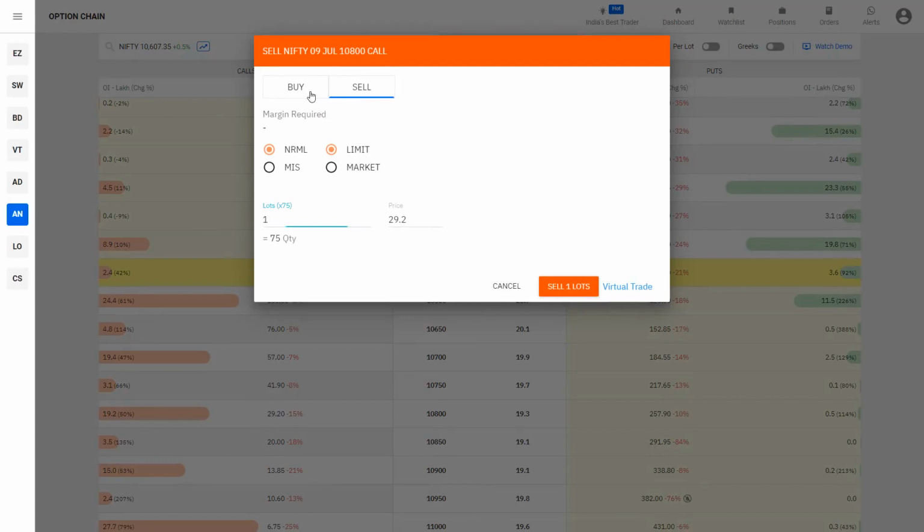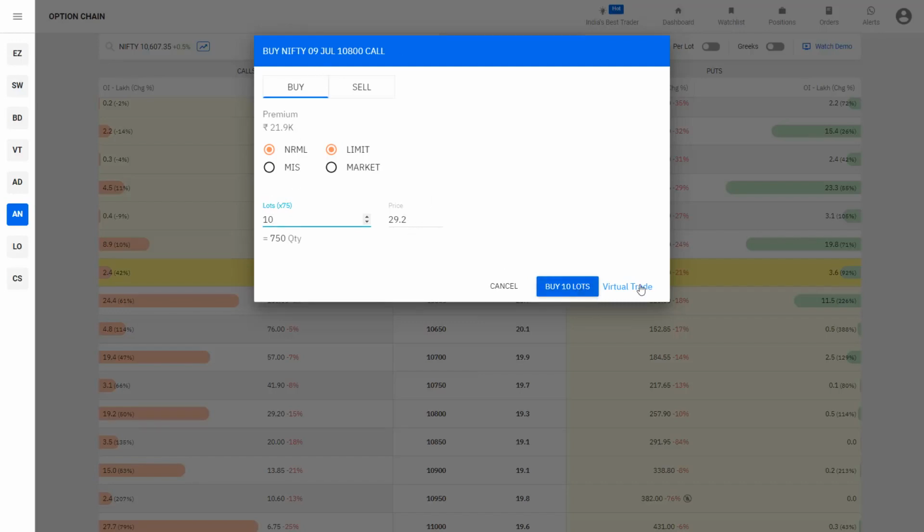So I say that I'm going to buy this call, let's say, 5 quantity. If I'm trading without real money, I might as well live it up, right? Anyway, you have an unlimited amount of virtual money. So I'll do 10 quantities of Nifty 10800 call at 29 rupees.